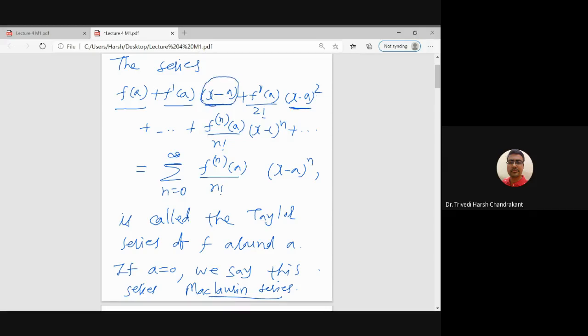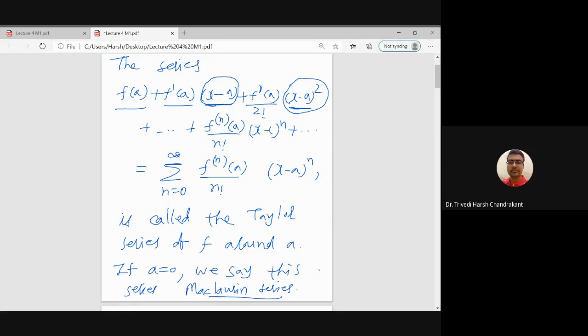Then this will become x square if a is 0, right? So if you want to expand the series in powers of x, we go for the Maclaurin series where a is equal to 0. And if we want to expand the series in powers of x minus 1, for example, x minus 1, x minus 1 square, and so on, then that series is known as the Taylor series because a is not equal to 0.